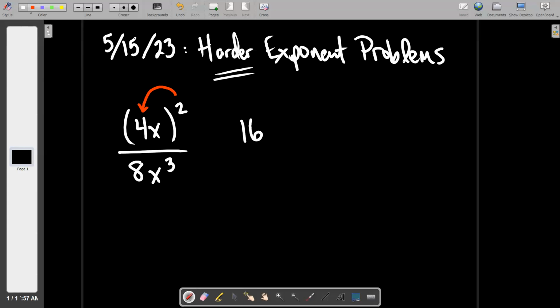And then it's also going to apply itself to this X, and X is already to the power of 1. So we just give it the power of 2. If something doesn't have an exponent, then just assume that it's 1. Sometimes you don't really need to think that way, but that's that. And then this is all over whatever the bottom was, which in this case is 8x to the 3rd. So that should be step 1, is always get rid of any parentheses by distributing the exponent.